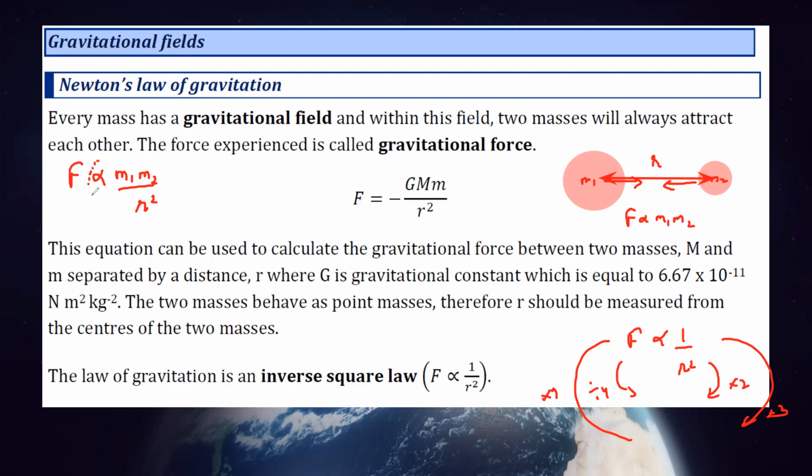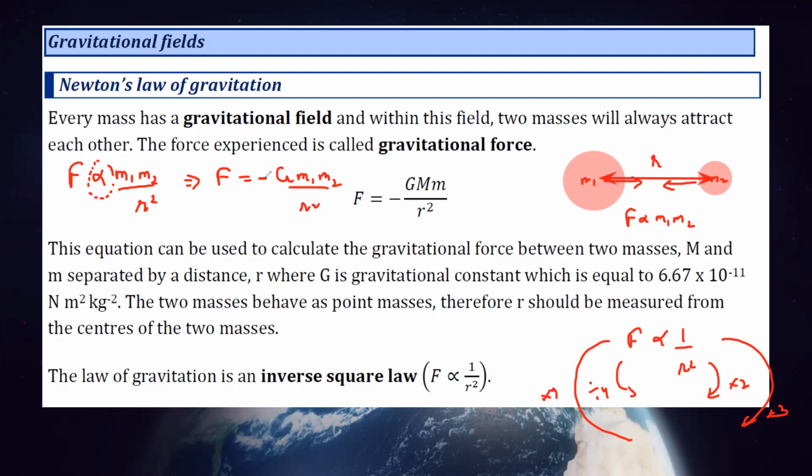Whenever we replace the proportionality sign, we replace it with equals to and a constant. So G is the gravitational constant here, which has a value of 6.67 times 10 to the power minus 11 newton meter squared kilogram to the power minus 2.